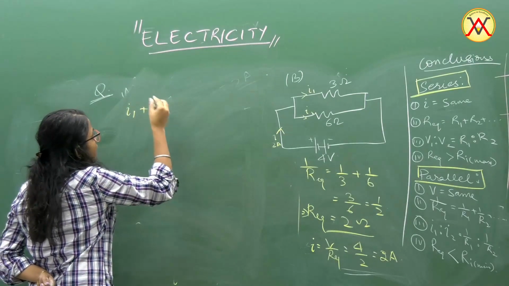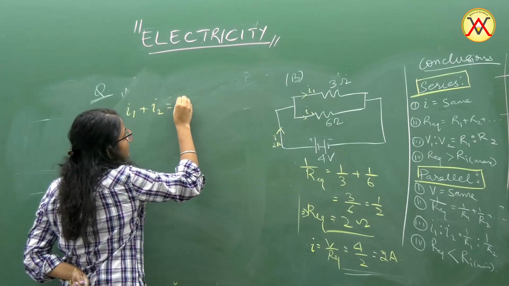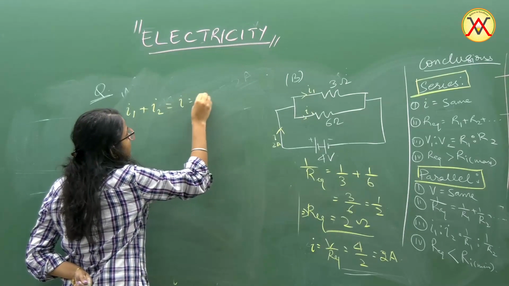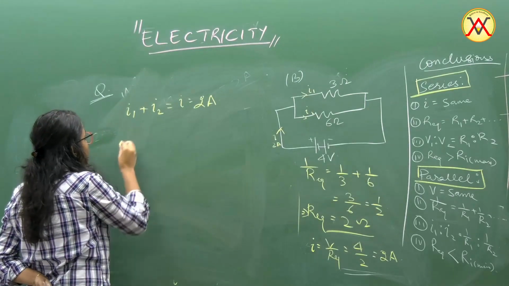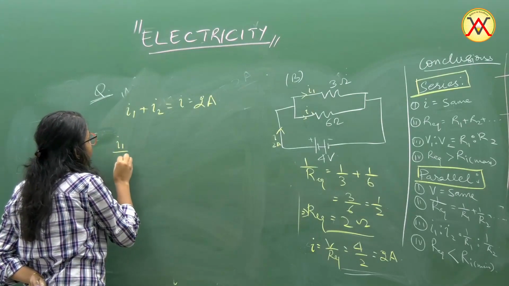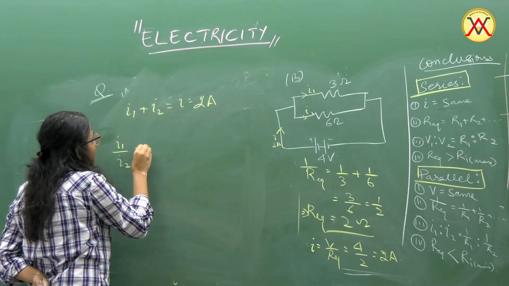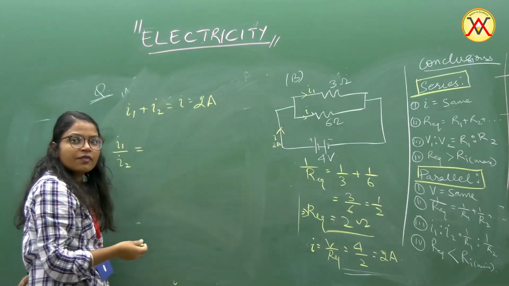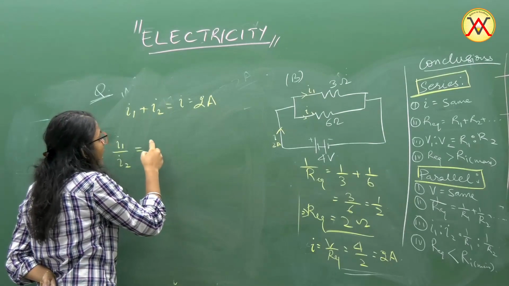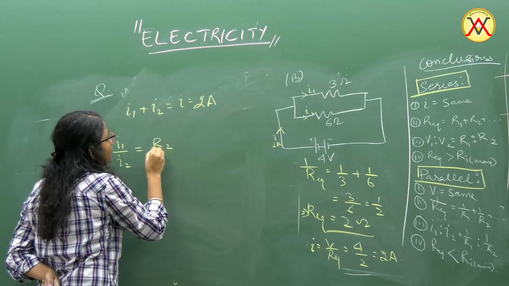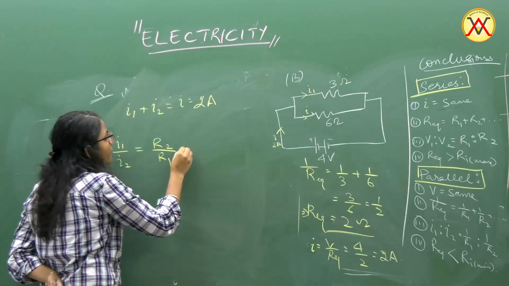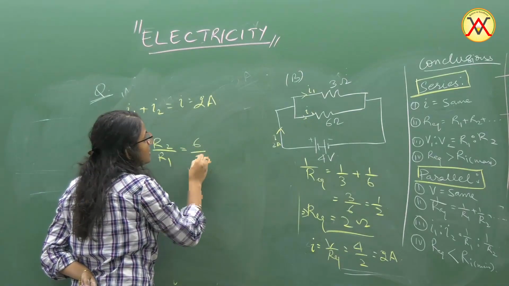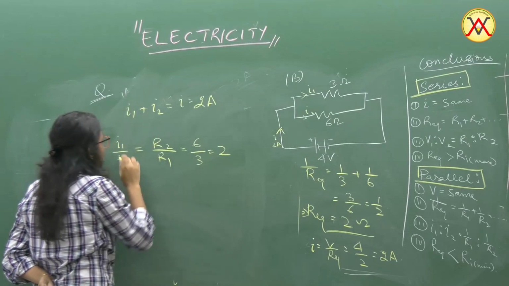We have two equations. I1 plus I2 equals I, that is 2 ampere. The second equation is that I1 ratio I2 equals the inverse ratio of resistances, 1 by R1 ratio 1 by R2, that is R2 upon R1. So I1 upon I2 becomes 6 upon 3, that is 2.